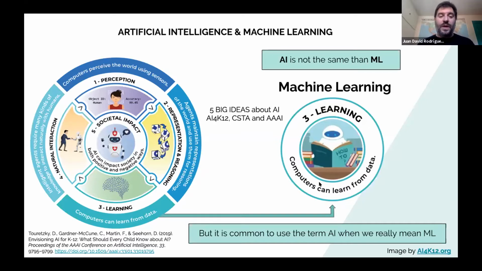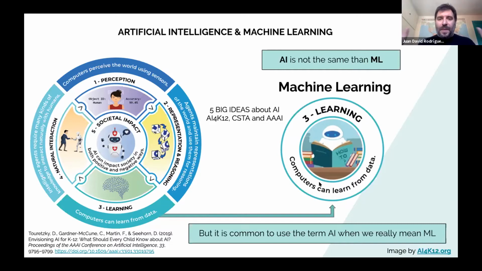And the fifth reason is very, very important, and it is in the center of all of these big ideas, is that AI can impact society in both positive and negative ways. So, as you can see, one of the big ideas is that computers can learn from data. And here is where machine learning comes into play.